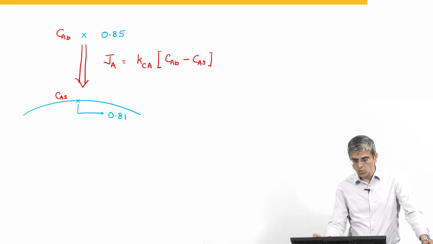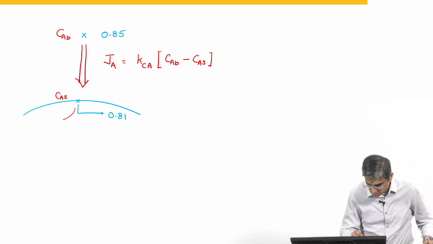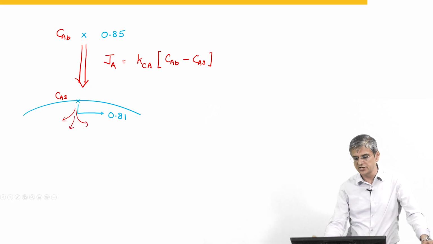What we need to know is the rate of disappearance of A on the surface.